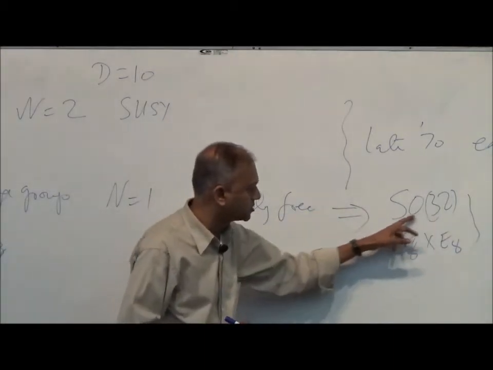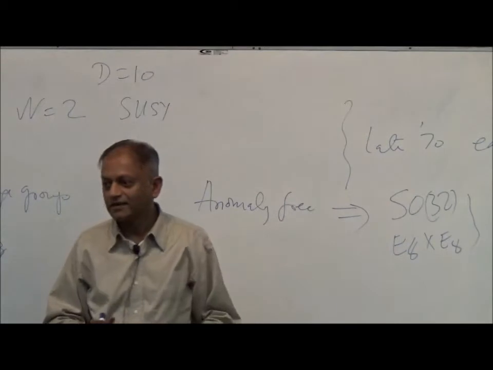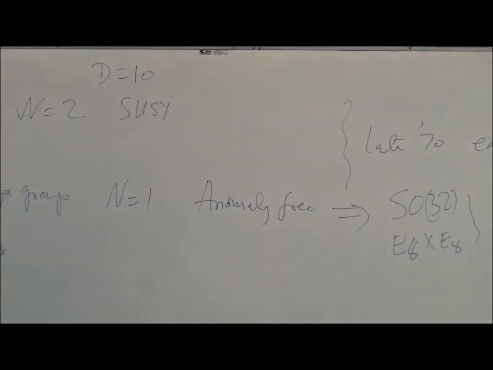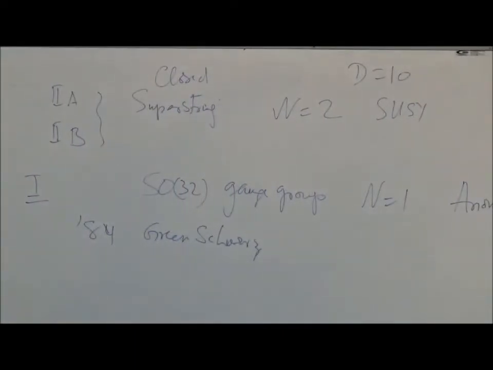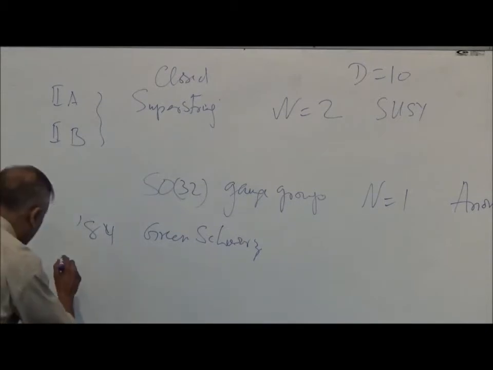However, there was no possibility to get E8 cross E8 in the framework of open string. So this was a puzzle after the Green-Schwarz result, and that puzzle was solved within a matter of a few months. The anomaly cancellation paper of Green-Schwarz came, and then two or three months after that, there was this famous paper of Gross et al.